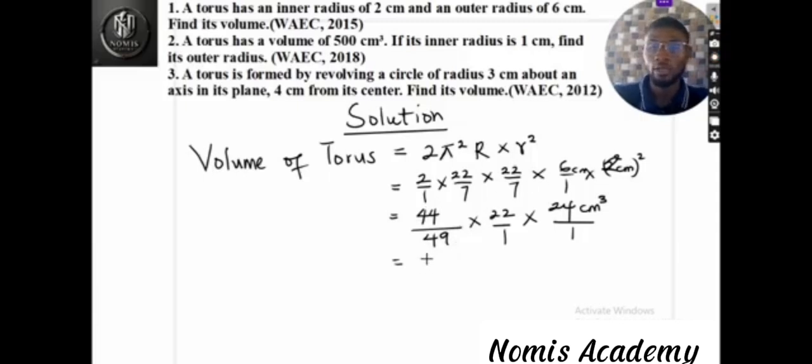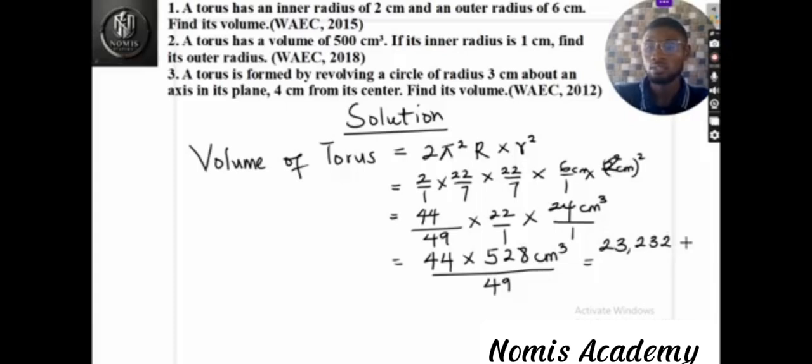44 multiplied by 528 centimeter cube, or divide by 49. So we have 23,232 centimeter cube.